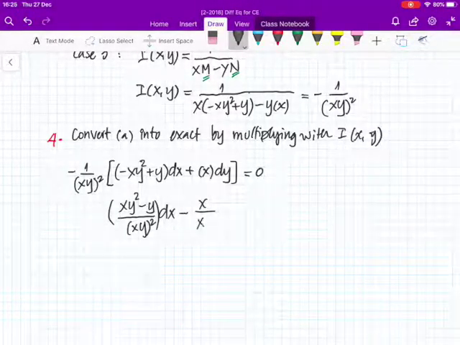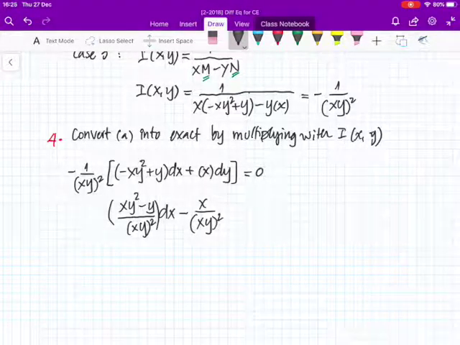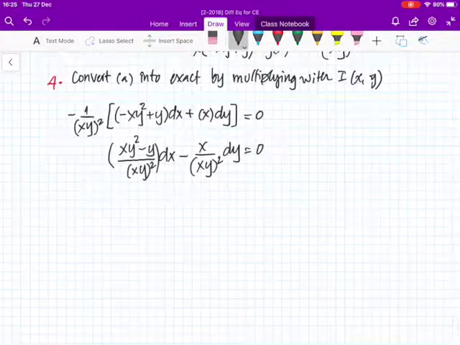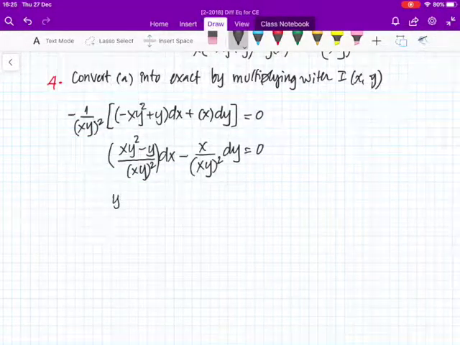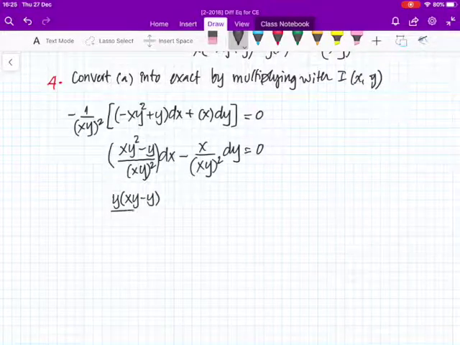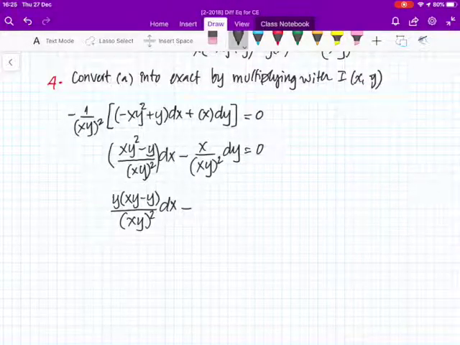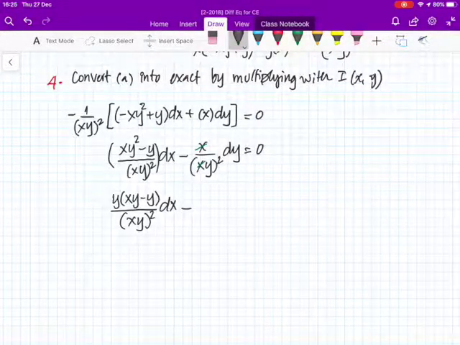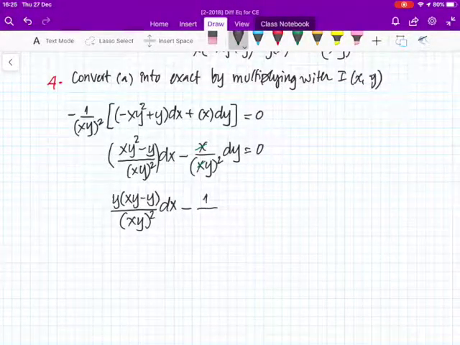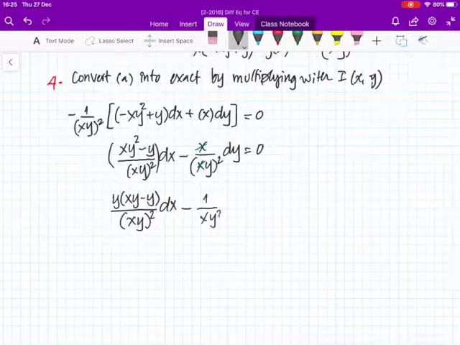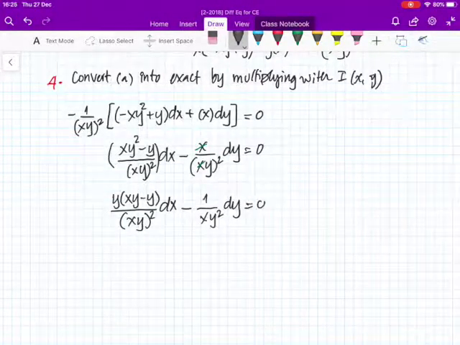x over xy dy equal to 0, or again get a factor y over xy like this. And now you can reduce the value of x. It became 1 over xy squared dy equal to 0.